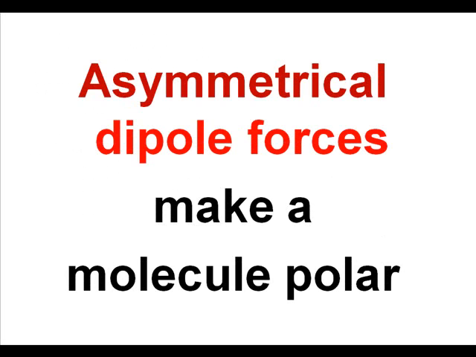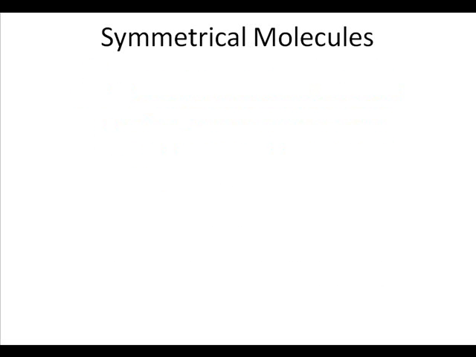Now, when you have asymmetrical or unequal distribution of the dipole forces, that is when the molecule does become polar. So you've got to pay attention to the direction of the polarity and also to the strength of the polarity to determine if in fact the molecule overall is polar. And remember that unpaired electrons do not play a role in making the molecule polar.